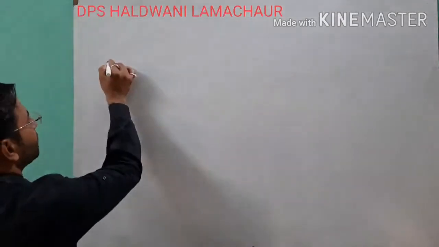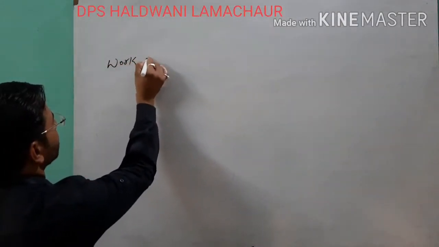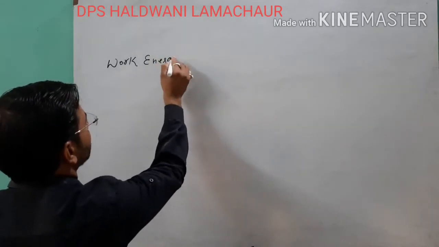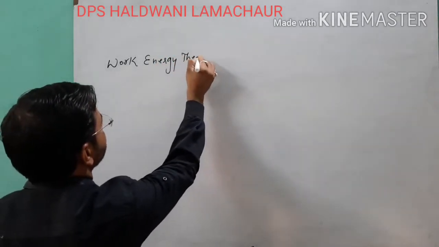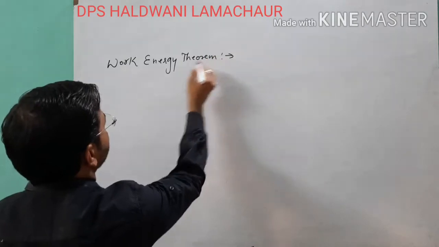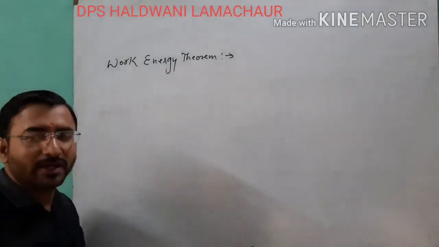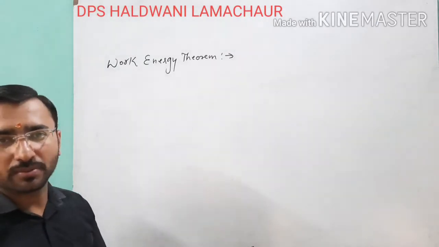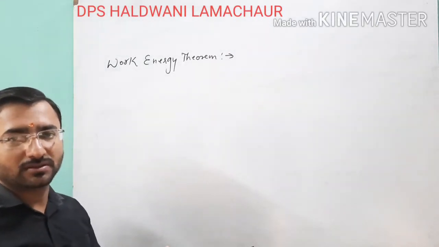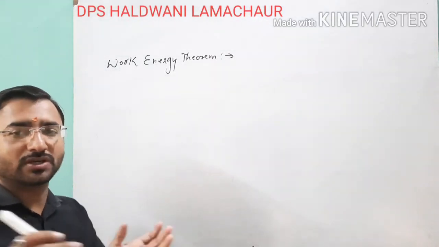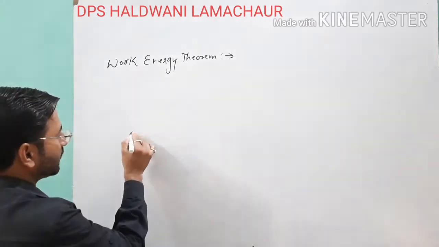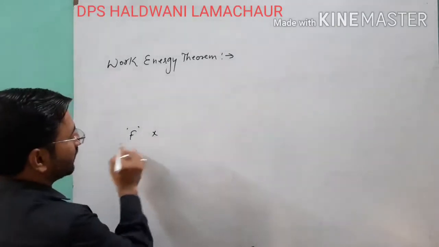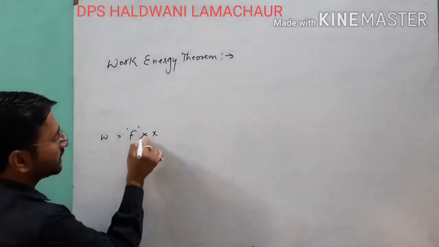When we talk about the work energy theorem, first we should understand its meaning and how we will prove it. Work energy theorem means that when you apply a force F on a body to displace it by X from one position to another, you are doing work on that object.